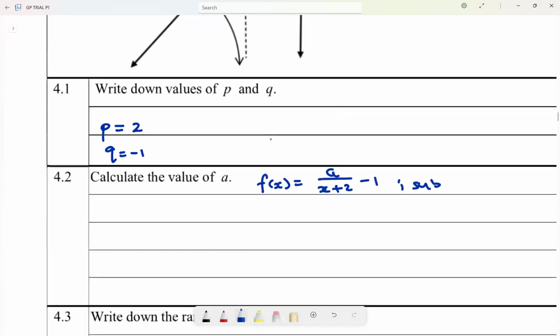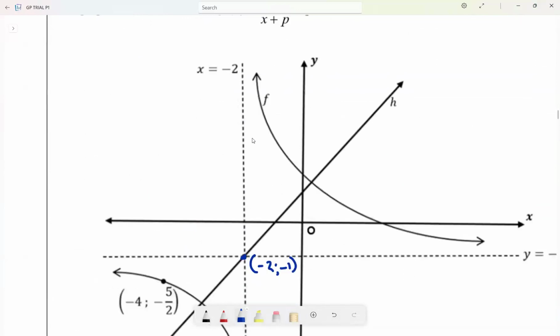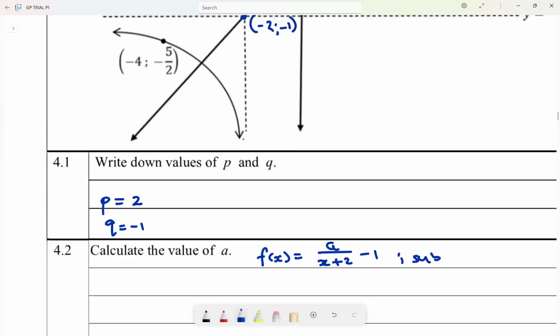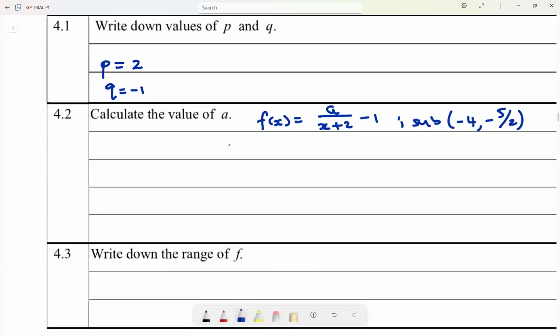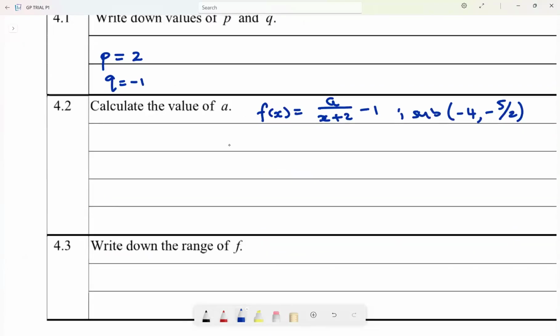So I'm going to just substitute any point that I see on the hyperbola, which is -4 and -5 divided by 2. So when I do that, it becomes y is -5 divided by 2. A is what I'm looking for, and then x is -4 plus 2 minus 1. And then I transpose the 1 to the other side. -2.5 plus 1 is -1.5, which is -3 over 2.